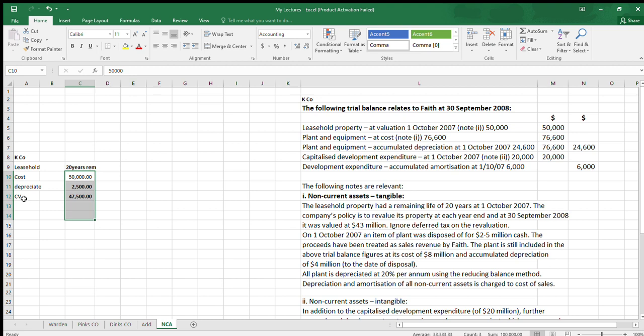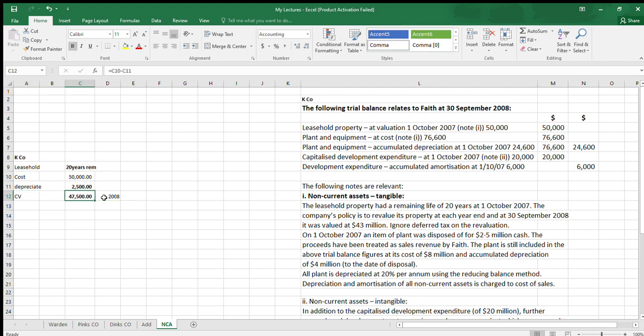The question is saying that the company's policy is to revalue its property at each year end. So as at 2008, the carrying value was 47,500.